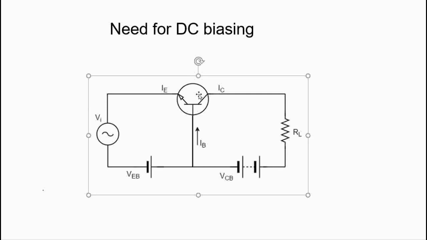The given DC voltages and currents are so chosen that the transistor remains in the active region for the entire input AC cycle. Hence, DC biasing is needed. This figure shows a transistor amplifier that is provided with DC biasing on both input as well as output circuits.